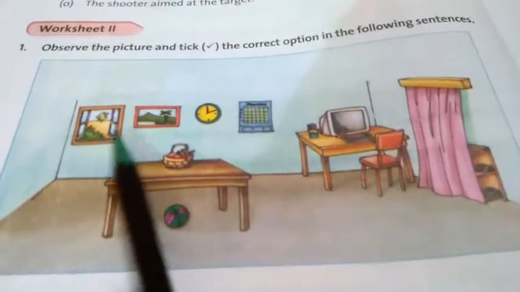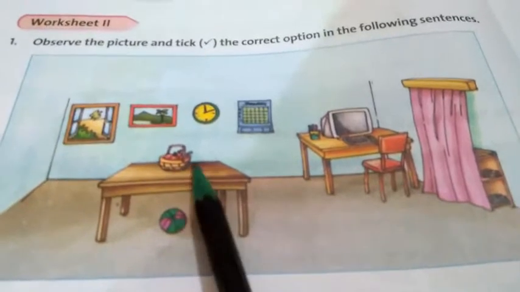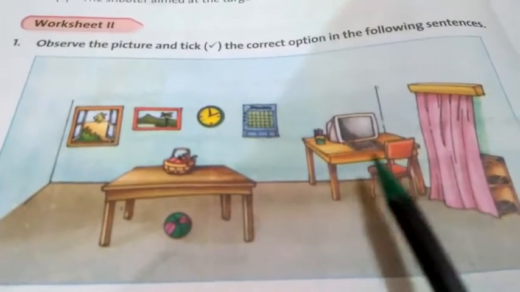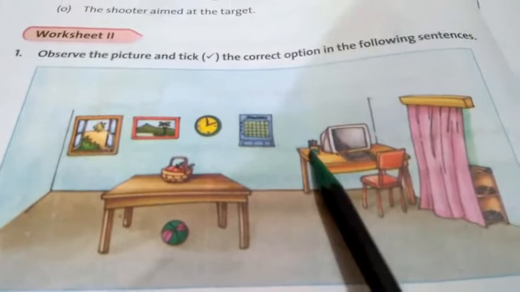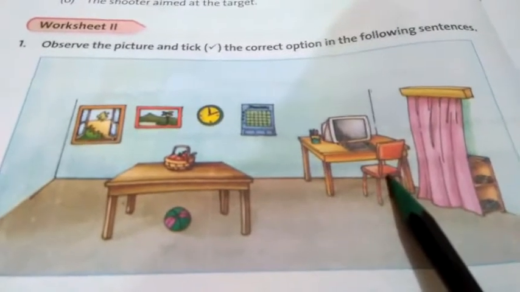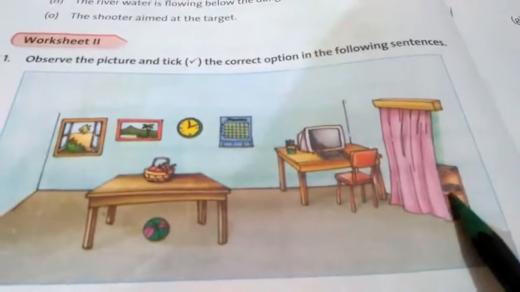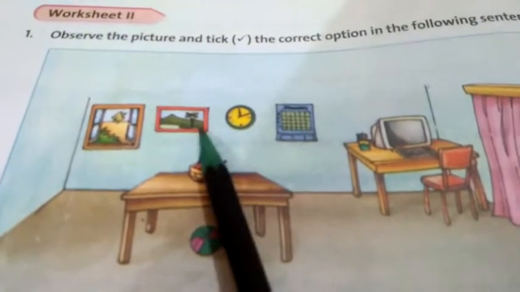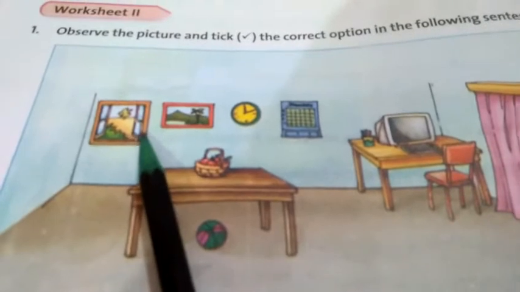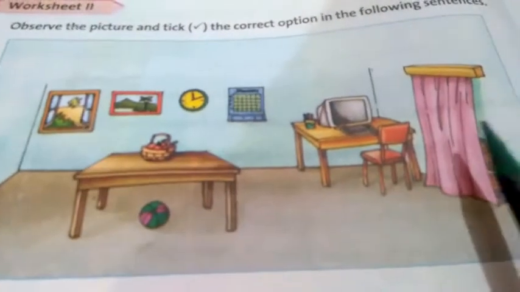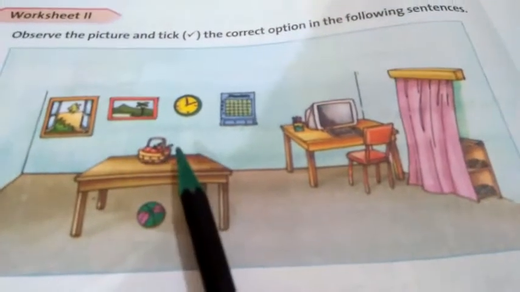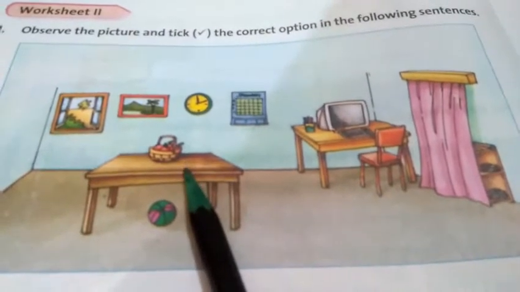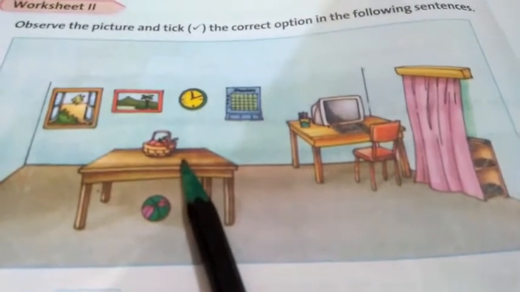Many things are given in this picture: a table, a basket, a ball, computer, pen stand, table, chair, shoe rack, calendar, painting, clock, window, many things. And you can see that there are some relations between all of them.